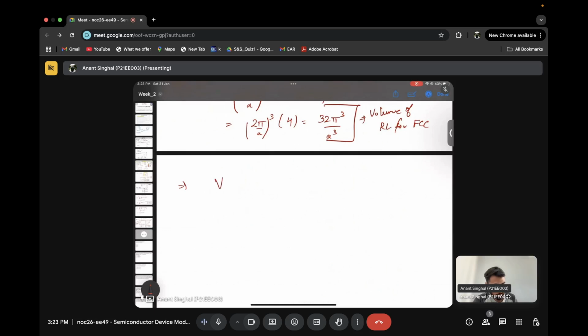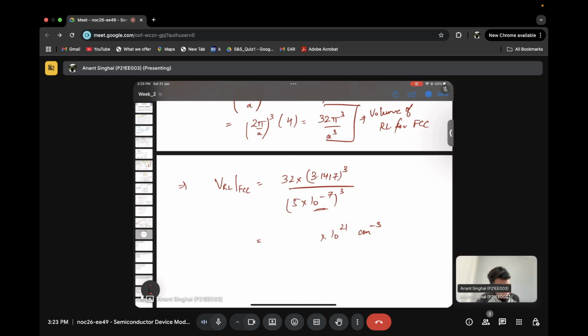The volume of the reciprocal lattice for FCC is 32 times pi cube, 3.1417 something, cube, divided by a, which is 5 times 10 raised to minus 7, whole cube. It should be multiplied by 10 to the power 21, and this would be per centimeter cube.